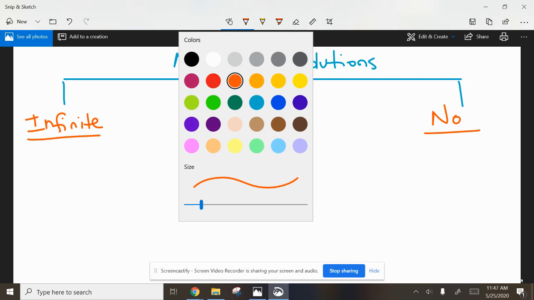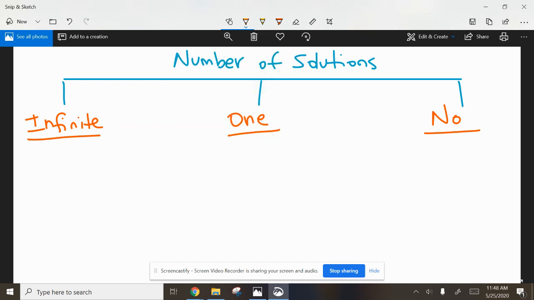Now, as we keep doing this, we're going to have infinite solutions. I'm going to write an equation that would be infinite. So if I said 5x plus 10 equals 5, and go ahead and write that equation out. I know it doesn't look the neatest, but do the best you can.